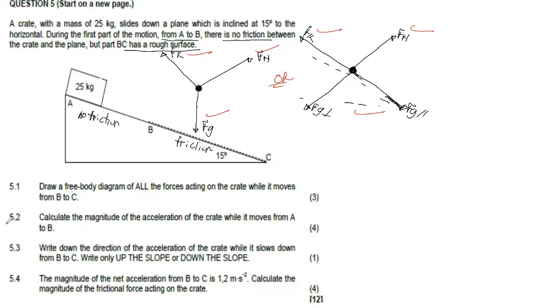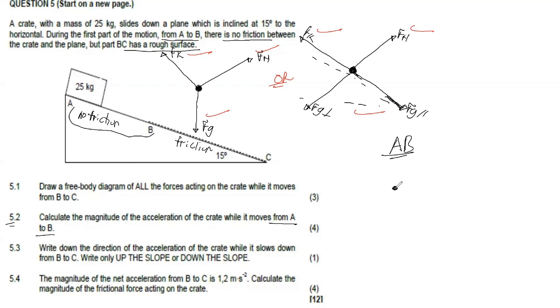Then 5.2 says calculate the magnitude of the acceleration of the crate while it moves from A to B. So note this, they've now shifted from B to C. They now want us to calculate from A to B. If we are to draw a free body diagram from A to B, you do understand that there is no friction there.